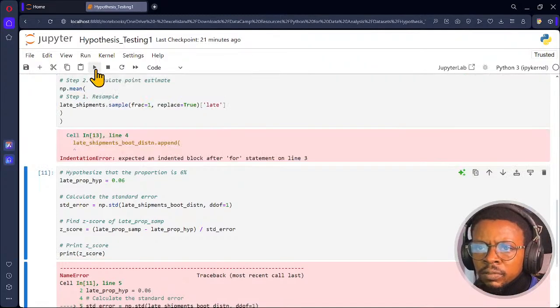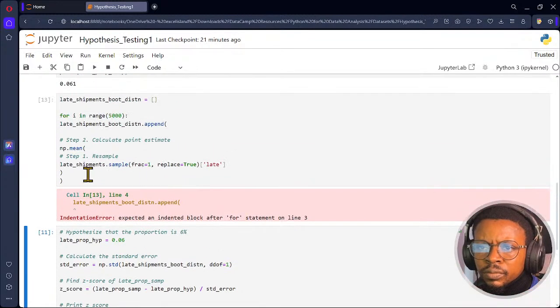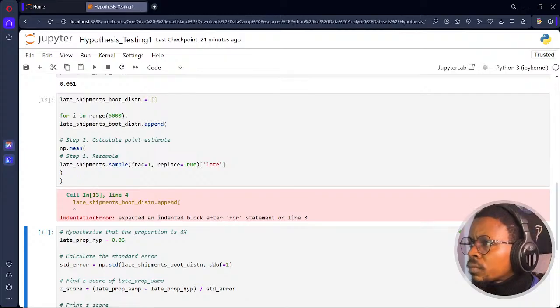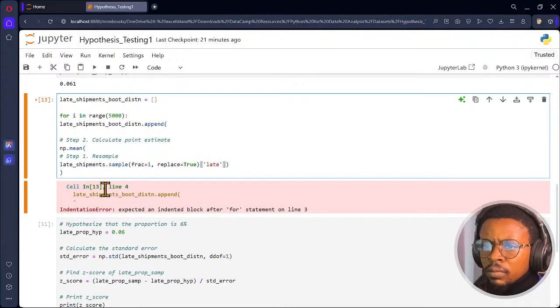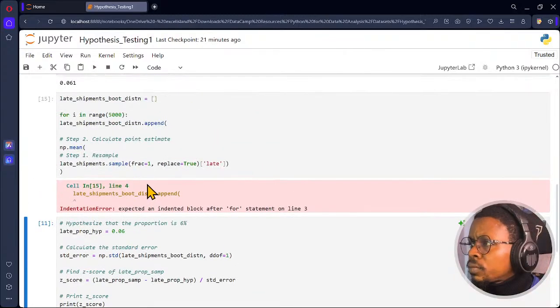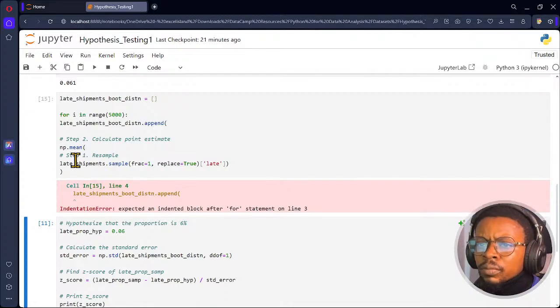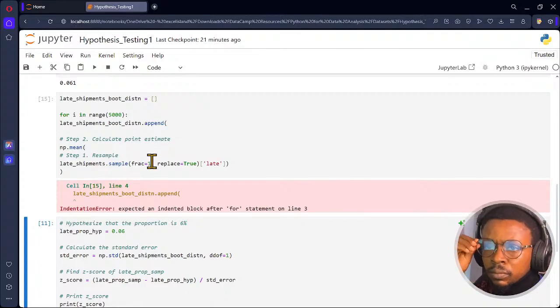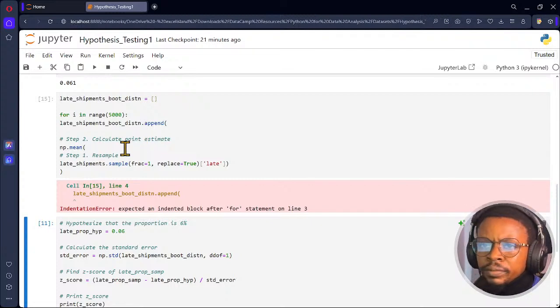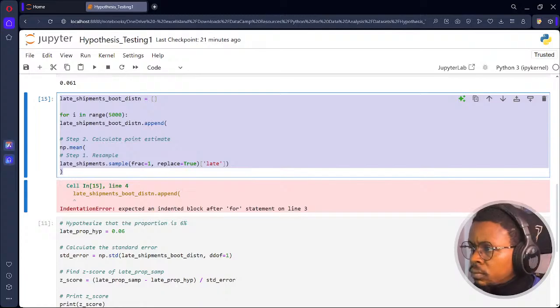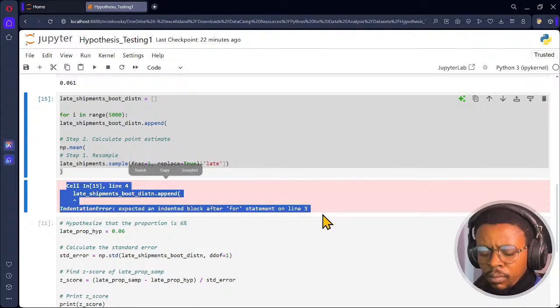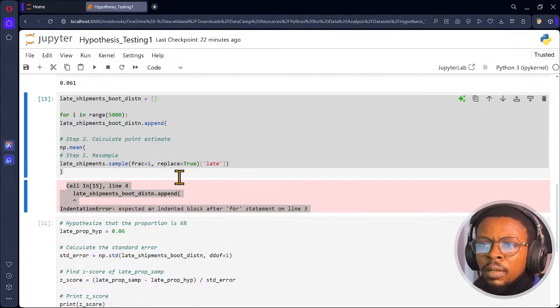Let's see if this is going to make sense. Let's see if we can get up on the error.